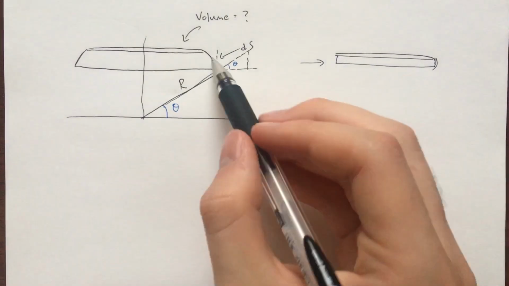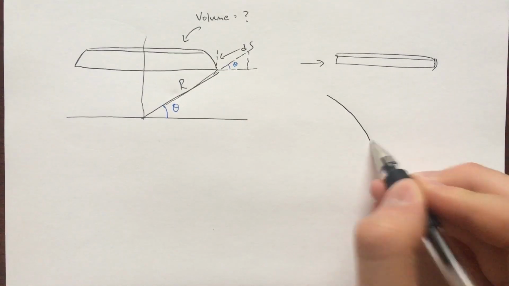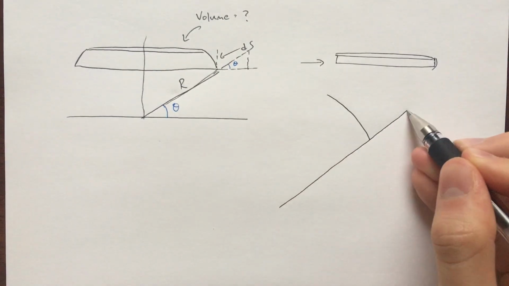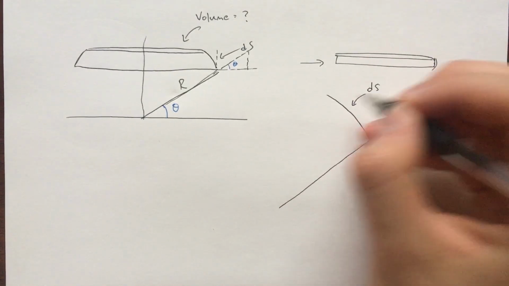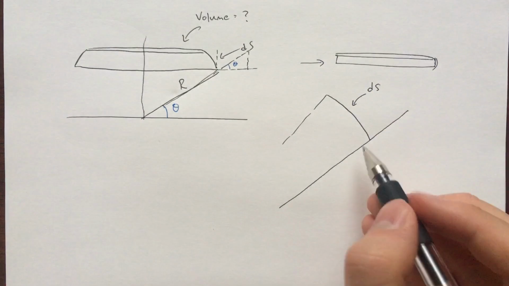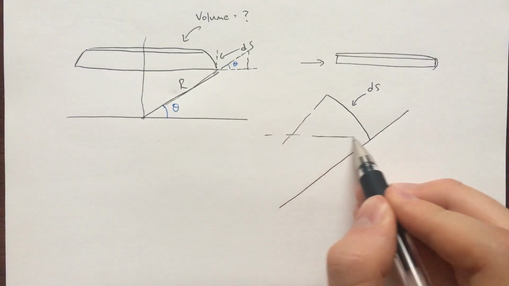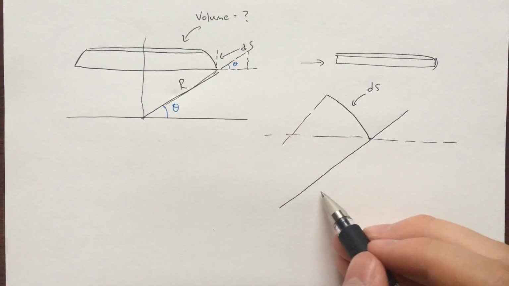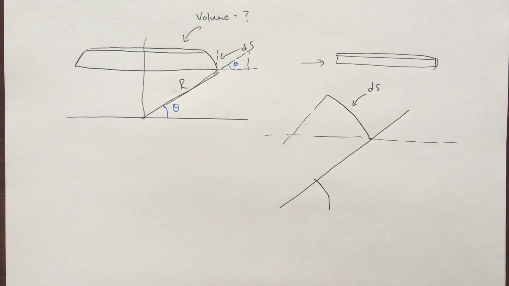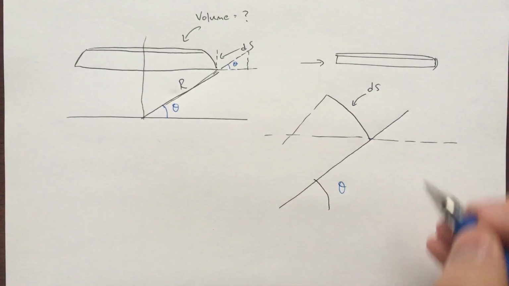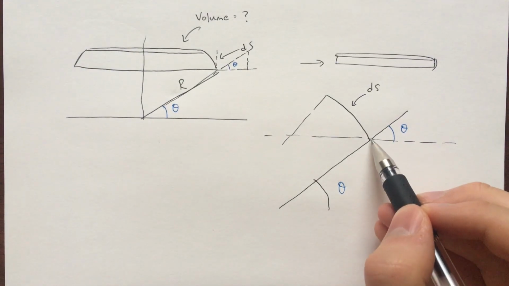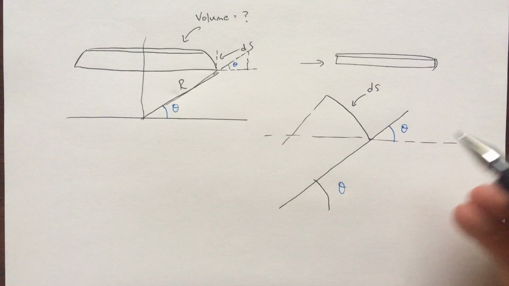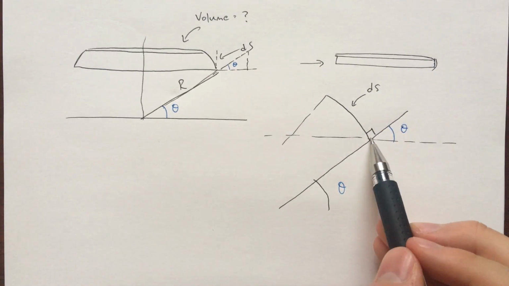Now let's zoom in big. This is ds. And here we have the horizontal line like this. We know that this angle right here is theta, and we know this is theta. Since this is the tangent line of the sphere, there must be a right angle here.